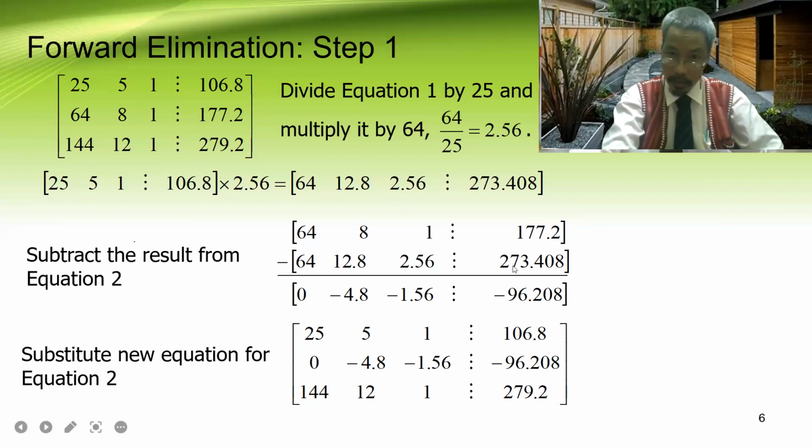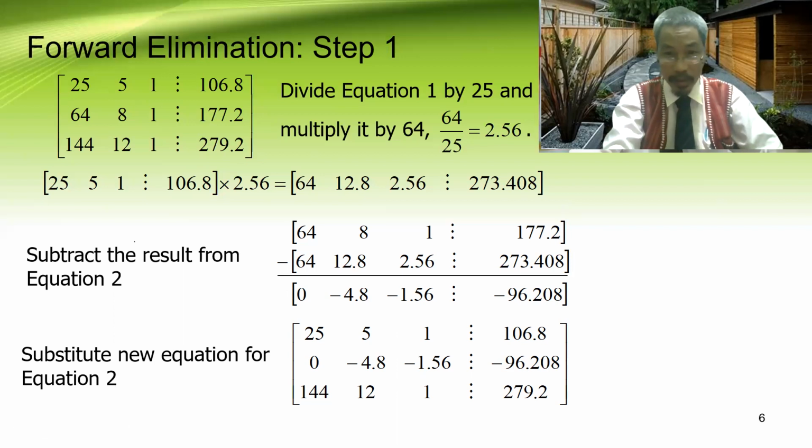So this is 6. This is 9. Okay, so negative 96.208. So this is the correct. This is the updated equation for equation 2. So replace this one by this one. Substitute the new equation for equation 2, because this is now the updated equation.